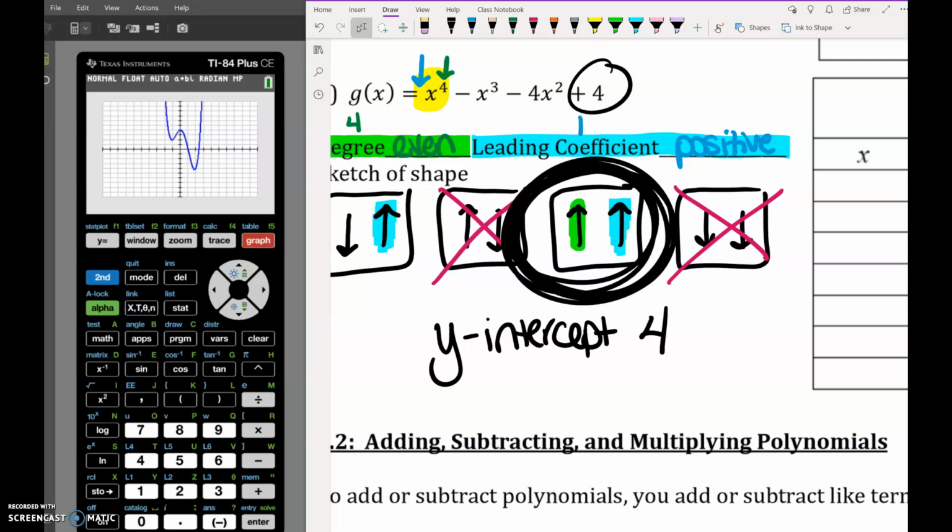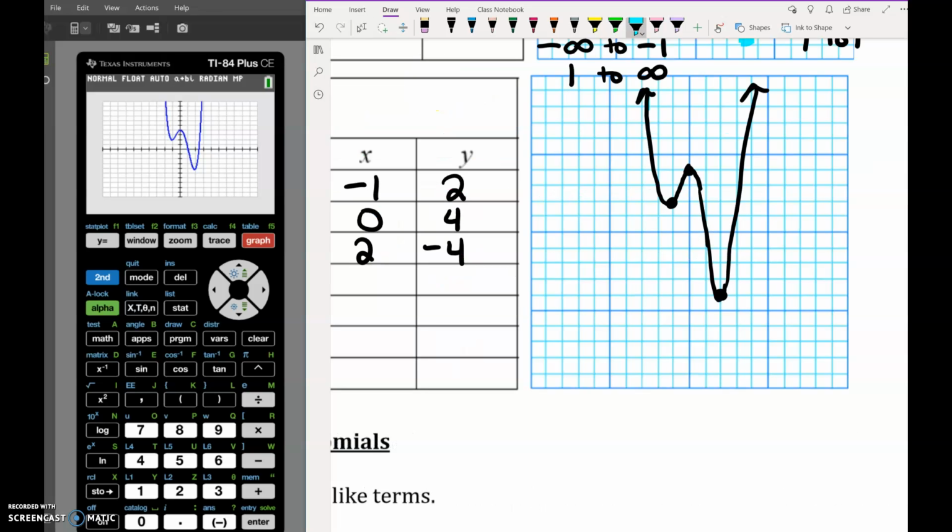And then we'll talk about increasing, decreasing. This graph decreases in 2 places. It decreases on this left arm and in this middle piece. So it's decreasing from -infinity up to this point.